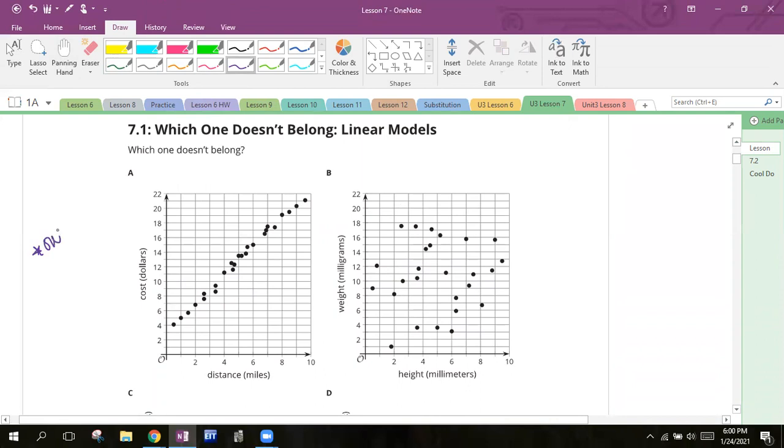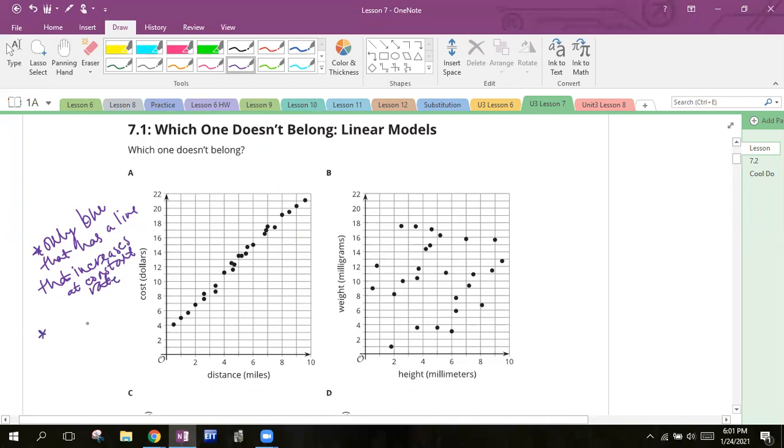So it's the only one that has a line at a pretty constant rate. Not exactly constant because it is a little scattered.